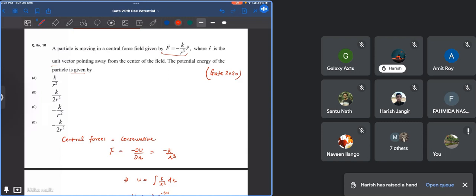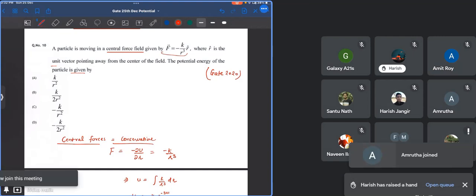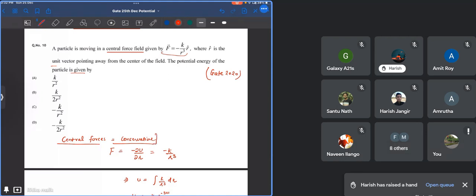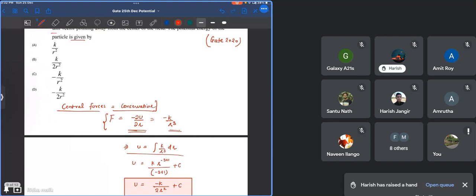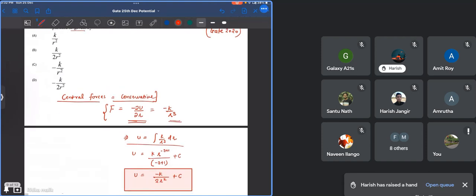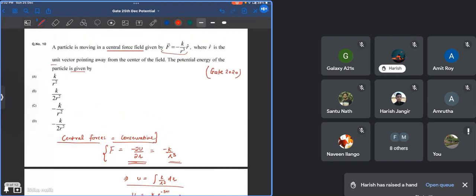So the one thing that you have to see in this question is the particle is moving in a central force field, and these forces are conservative in nature, that we have covered in last classes. Whenever you have central forces, we are always talking about conservative forces. And whenever you are talking about conservative forces, you can always write your force as negative gradient of potential energy. You just integrate it with respect to r, and you will get your potential energy, which is minus k by 2r square plus some constant.